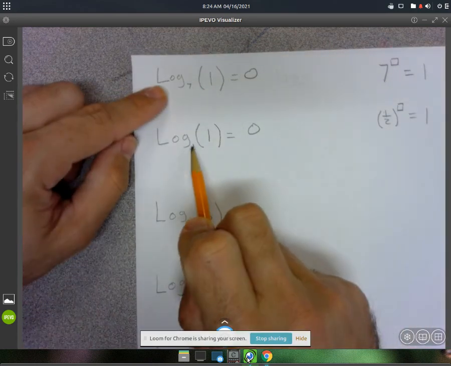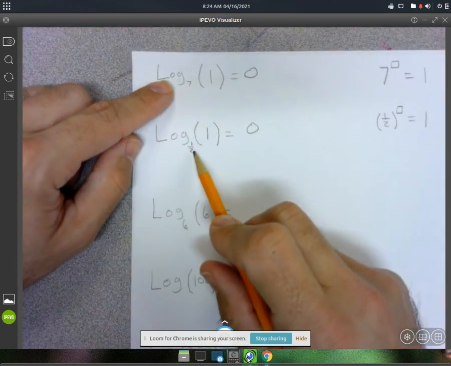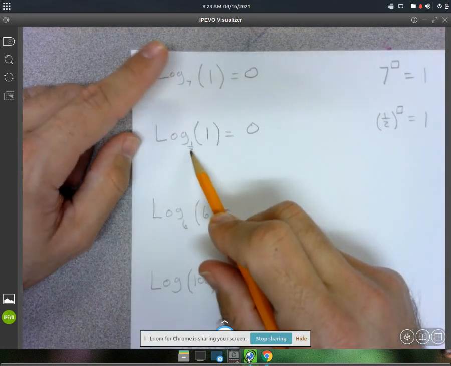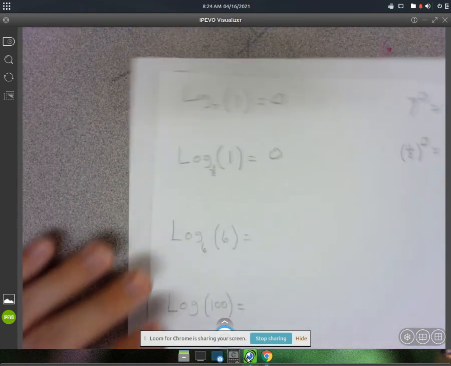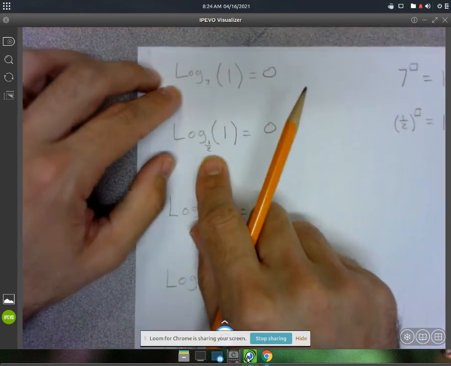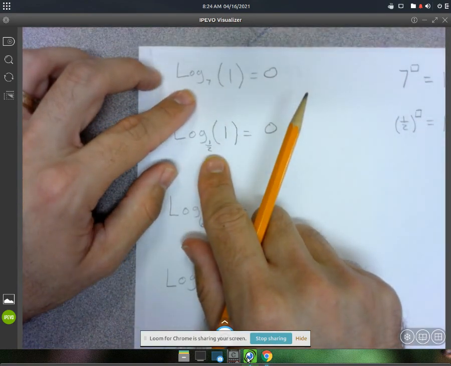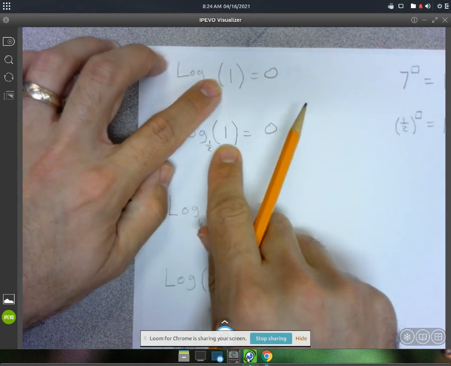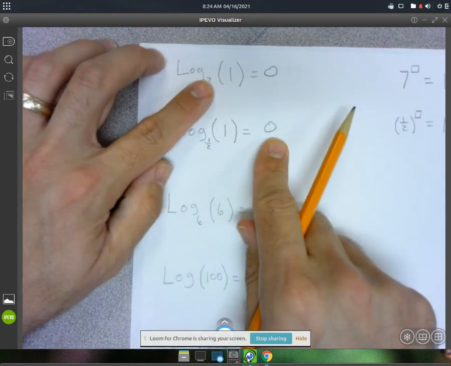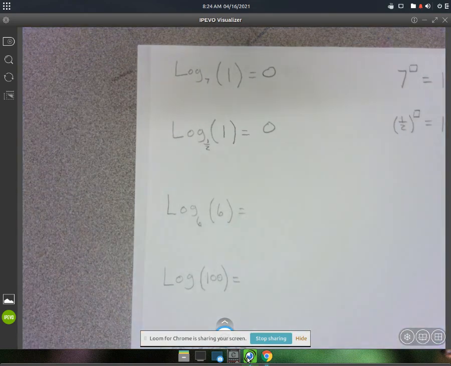There are a couple of special examples, but for most cases, as long as your base is a normal number, if your input here is a 1, then the answer is going to be 0. So log base anything of 1 will be 0.